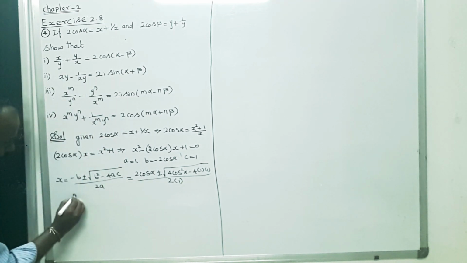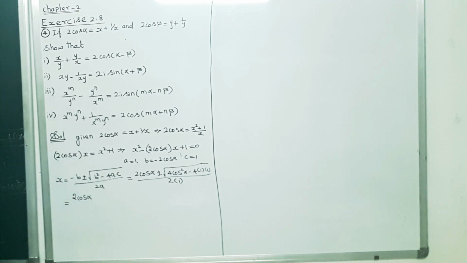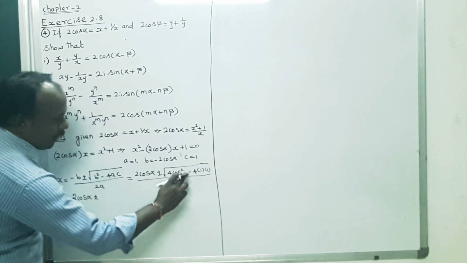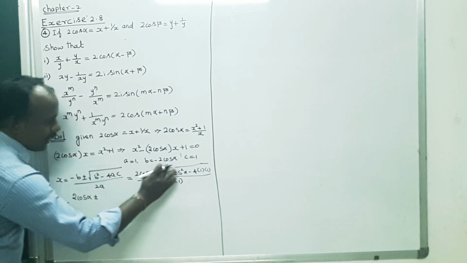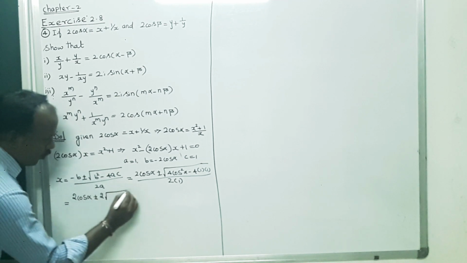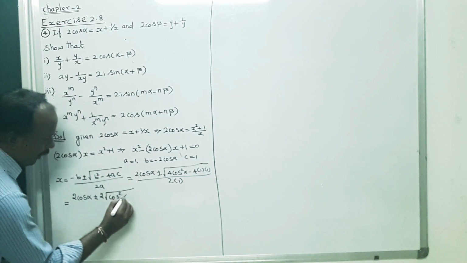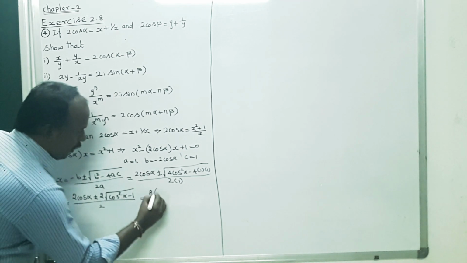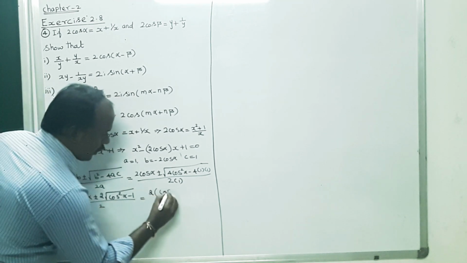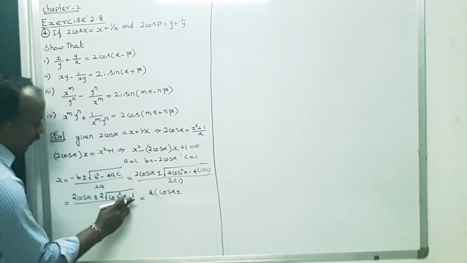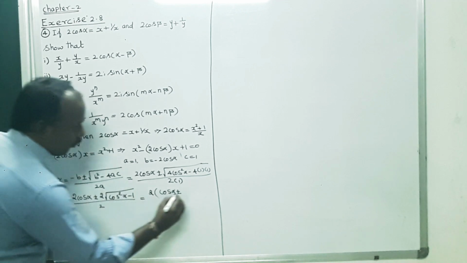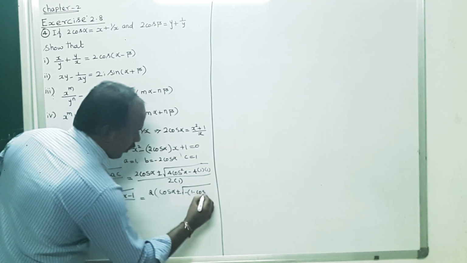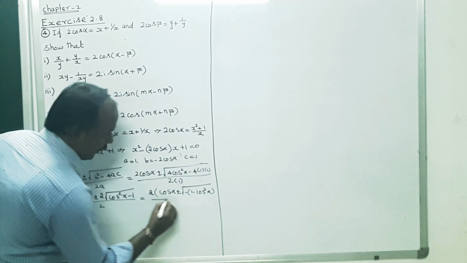That is equal to first term 2 into cos alpha plus or minus, taking the common 4 outside of the root, which is 2, so 2 into cos square alpha minus 1 the whole divided by 2. 2 is a common value, the remaining value is cos alpha plus or minus, taking the common minus 1 inside of the root, minus of 1 minus cos square alpha, the whole divided by 2.